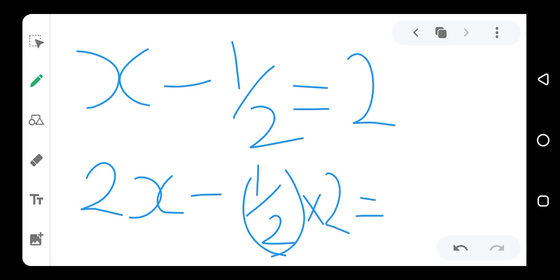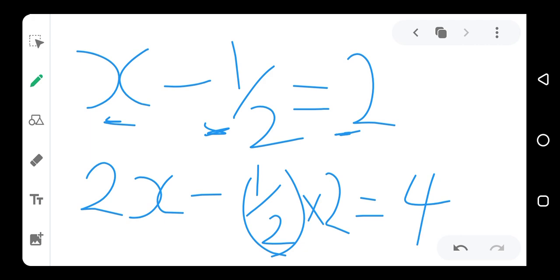Multiplying through by 2 means that each term, this one is a term, we multiply it by 2. This one is another term, we multiply it by 2. This one is another term, we multiply it by 2. Which is equal to 2 times 2, which is 4.